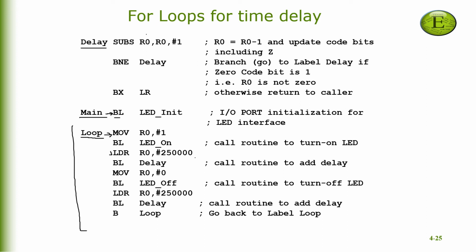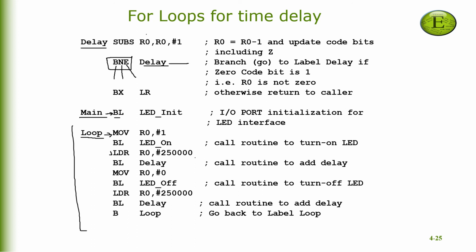But how do we make sure that the microcontroller jumps back to the same instruction over and over again? We introduce a command known as BNE, branch if not equal. So B for branch, N for not, E for equal. This is a conditional instruction. It says that you are going to go to the delay label.